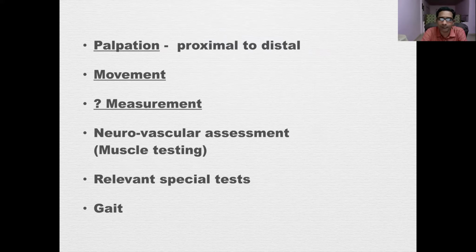It is clinically obvious, but sometimes the measurements are not very well described in the foot and ankle, though you sometimes do a circumferential measurement of the ankle, and sometimes you measure from the tip of the malleolus to the floor also, basically to say whether the collapse is there or not. After this, you move in for a neurovascular assessment, muscle testing, some special tests, and you can end by describing the gait. So this is the usual schema which is popular in the foot and ankle examination.